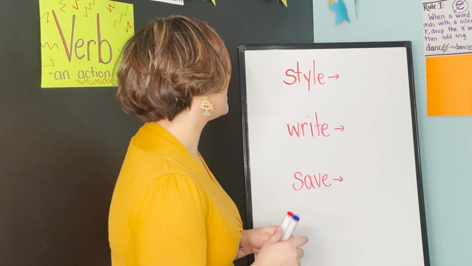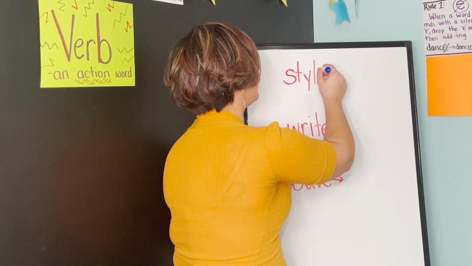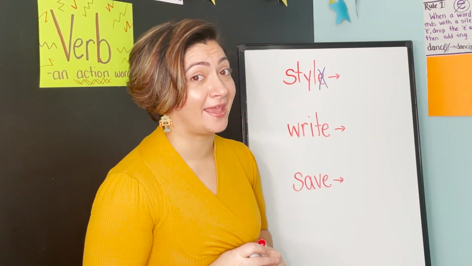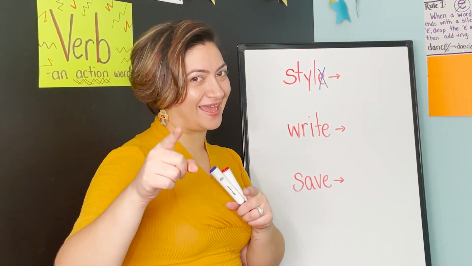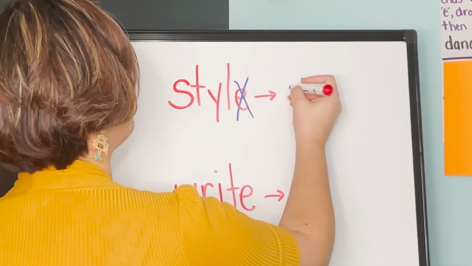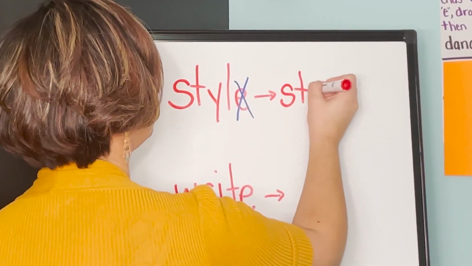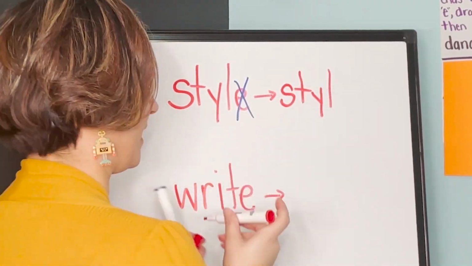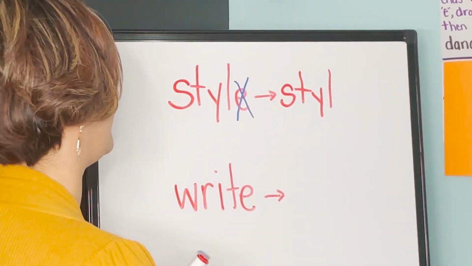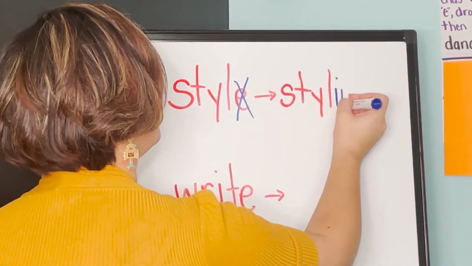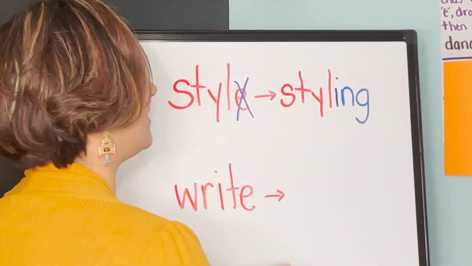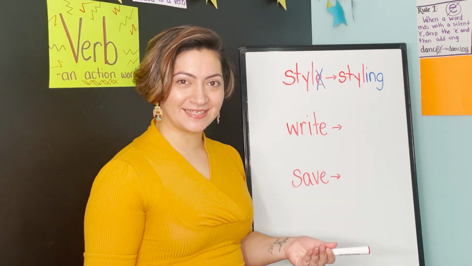Ding, ding, ding. We need to take away the E, and then we can add ing. Nice job. So I have style without the E, and then I can add ing. And our word is styling.